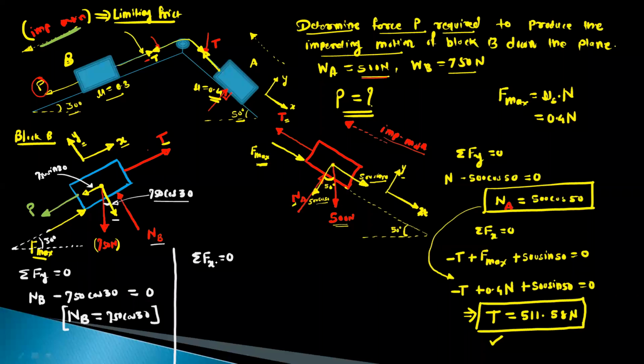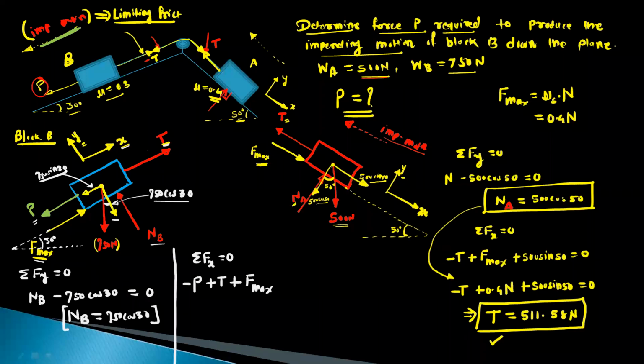Okay, so after this, use summation Fx. So for summation Fx, this force P, which is the external force, it is on the negative side of this reference axis. Okay, so it is a minus P. Then this tension is on the positive side, so plus T. Then this F max, it is also positive, so plus F max.